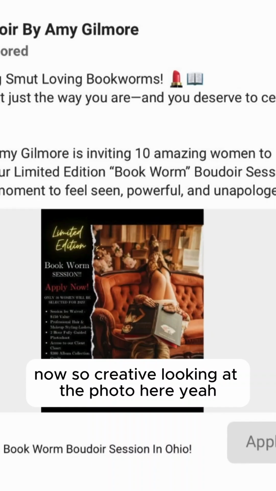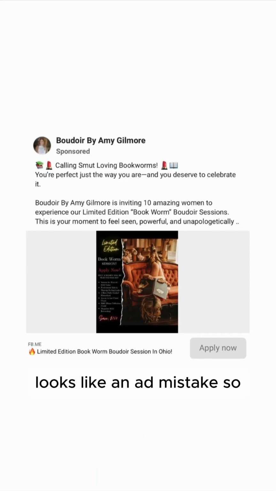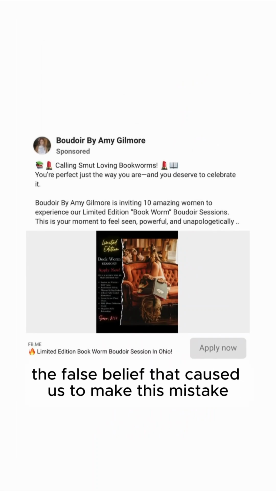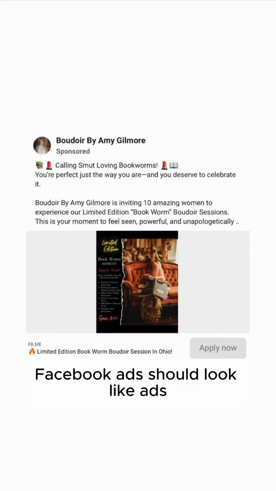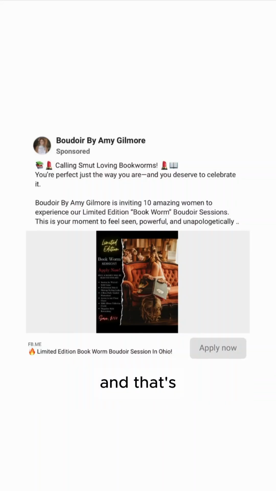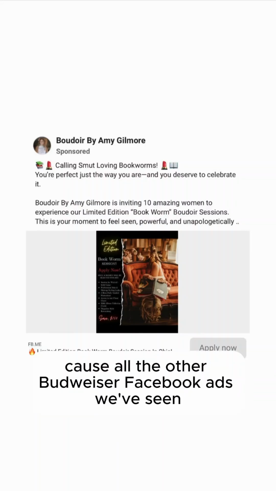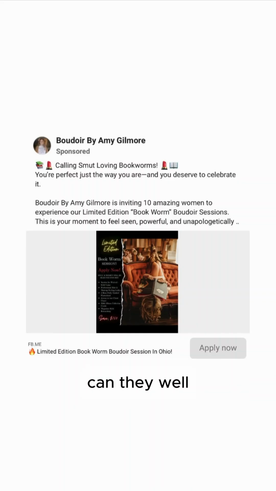Now, looking at the photo here, yeah, it looks like an ad mistake. The false belief that caused us to make this mistake is that we believe Boudoir Facebook ads should look like ads. The creative should look like an ad. And that's because all the other Boudoir Facebook ads we've seen all look like ads. So everyone can't be wrong, can they?